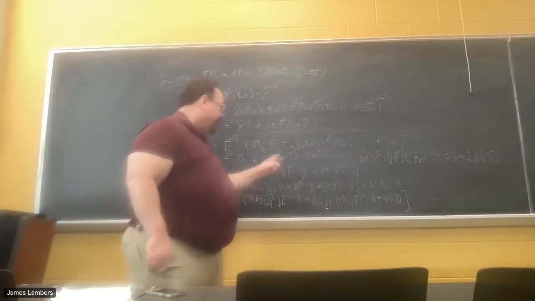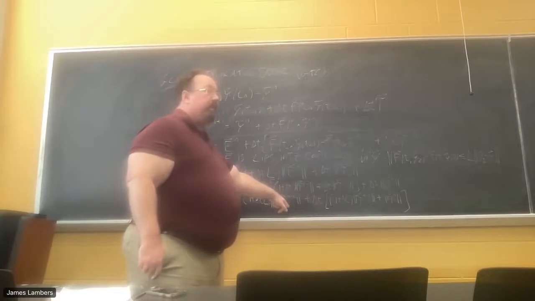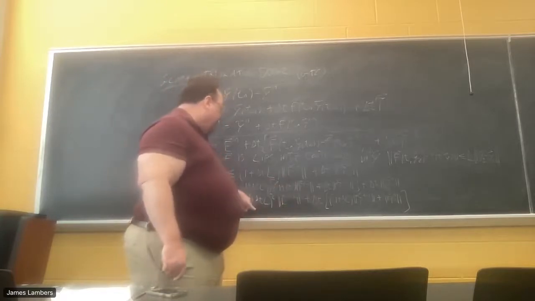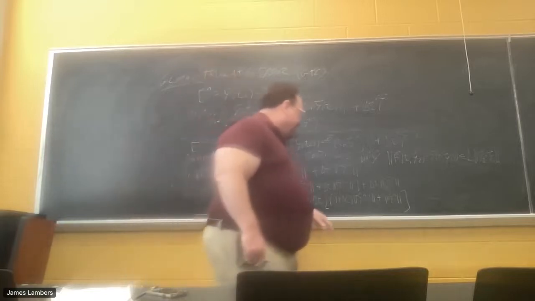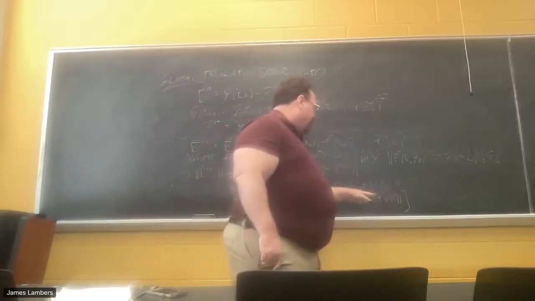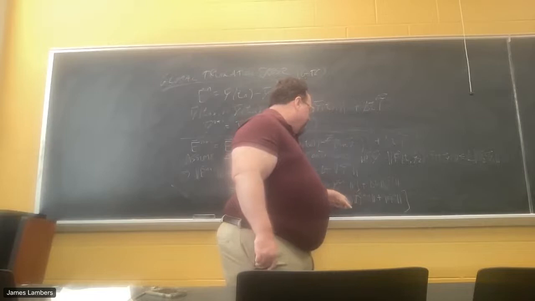Now I can apply this recurrence again to E_{n-1} to get E_{n-2}. So I'm going to get a higher power of (1 + delta T L) out here. And then each truncation error will be multiplied by some power of (1 + delta T L).